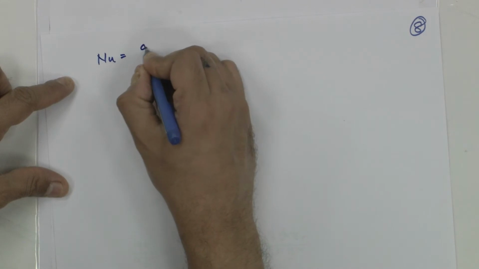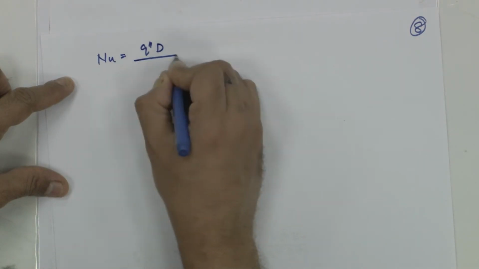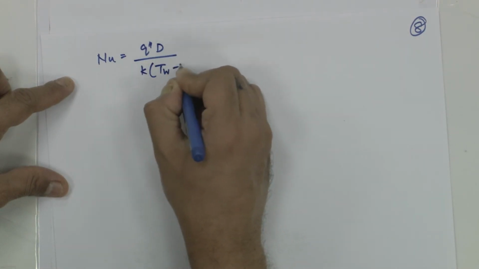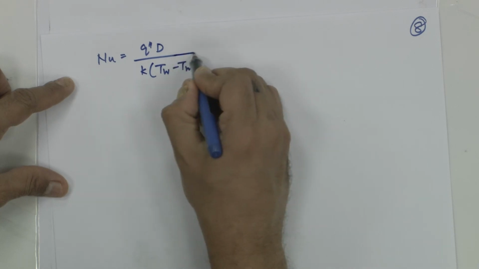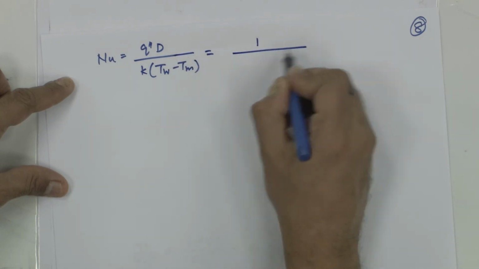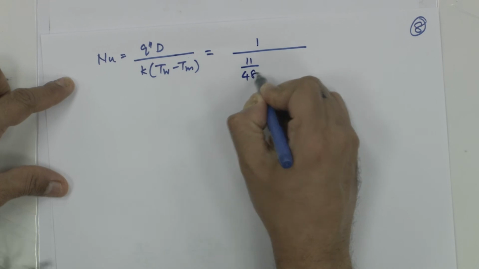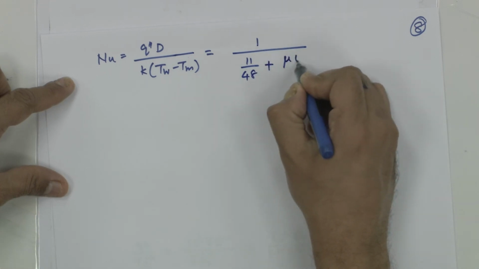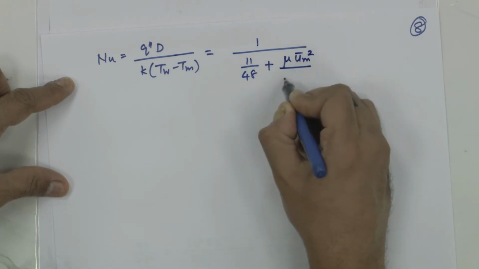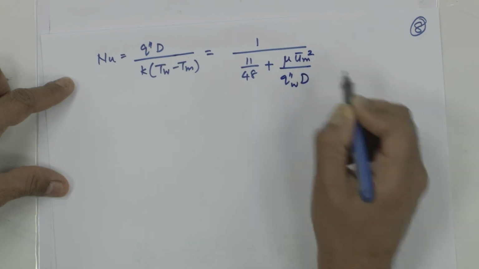The additional part is this term, and once you simplify this, you are going to get Nusselt number is equal to q double prime d by k times (T wall minus T_m), which comes out to be 1 over 11 by 48 plus mu u_m bar squared by q double prime d.